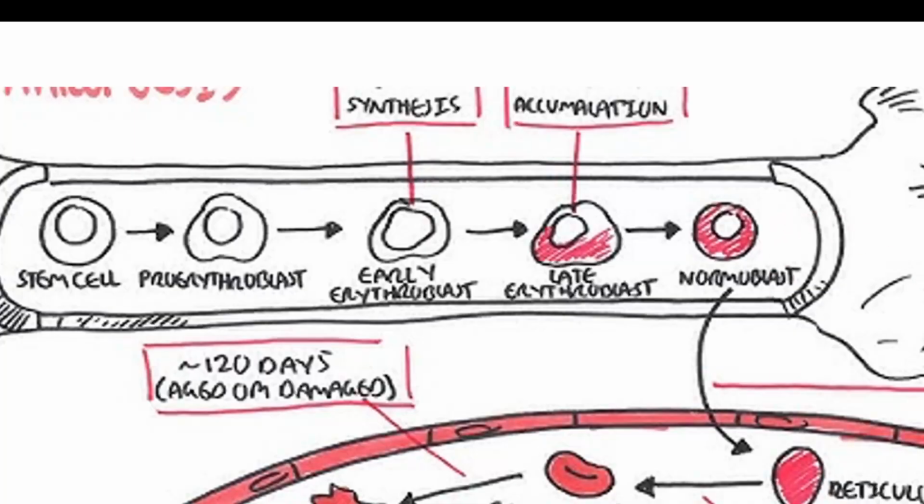Reticulocytes remain in the bone marrow for 3 days, and the reticulocyte then travels into the blood circulation. The reticulocyte will then lose its nucleus to form an erythrocyte.